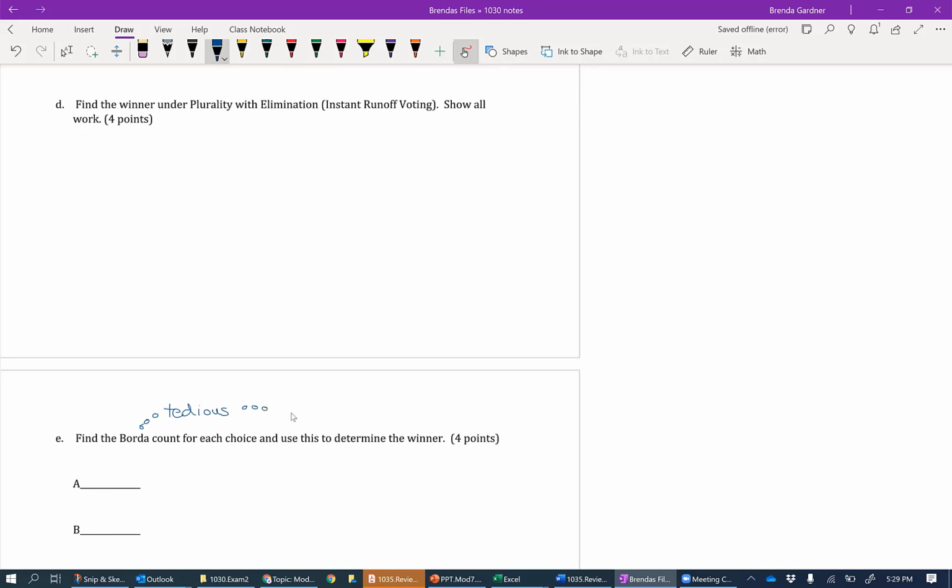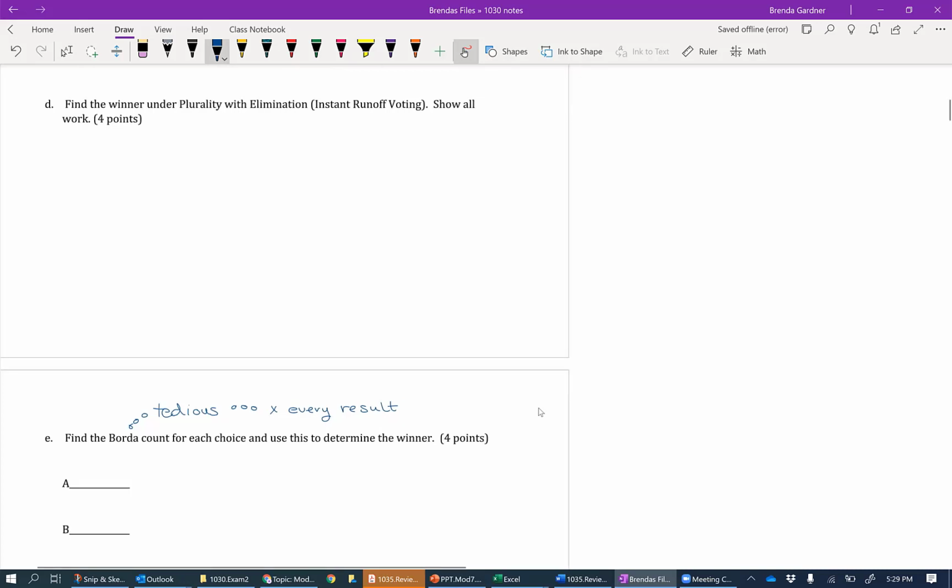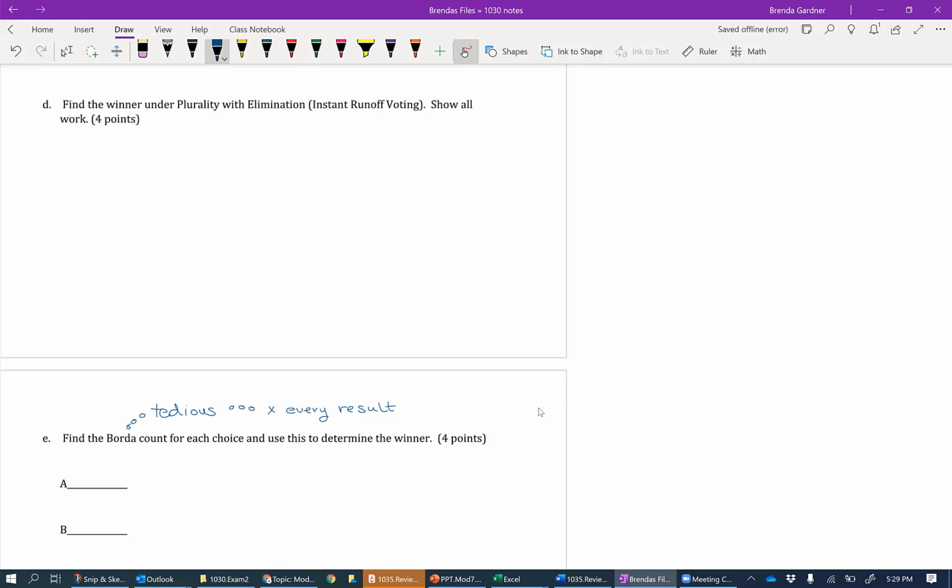And tedious means that we're going to multiply every result, or count everything. I can go through that if you want, but you start by giving 1 point for the last option, and then work your way up to give more points to the rankings.